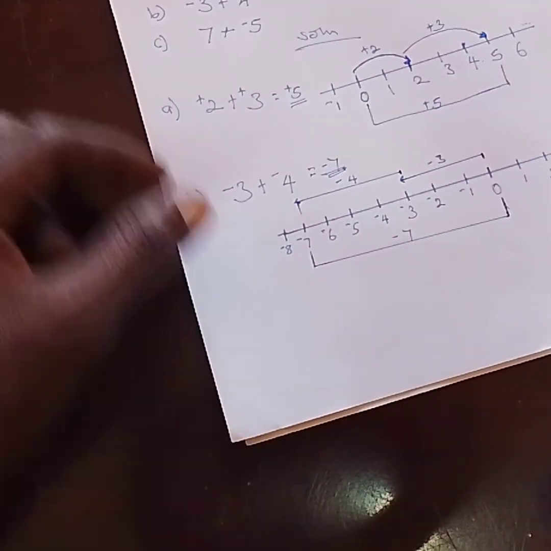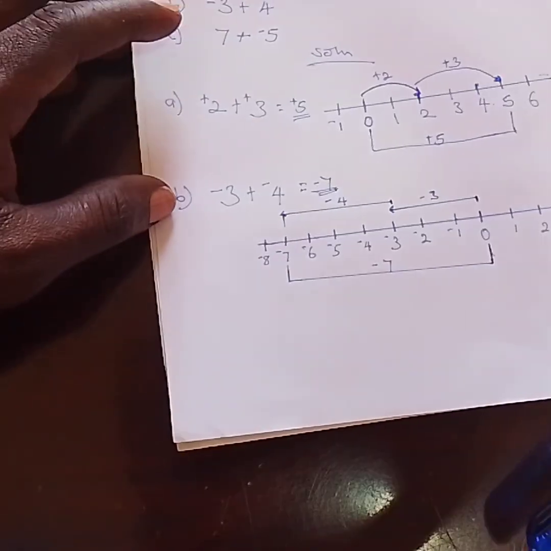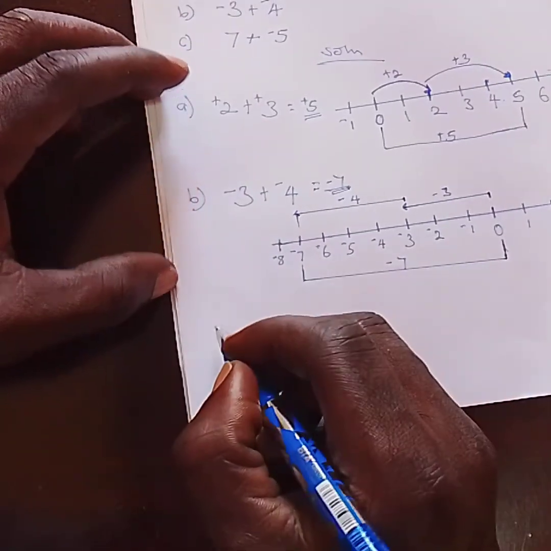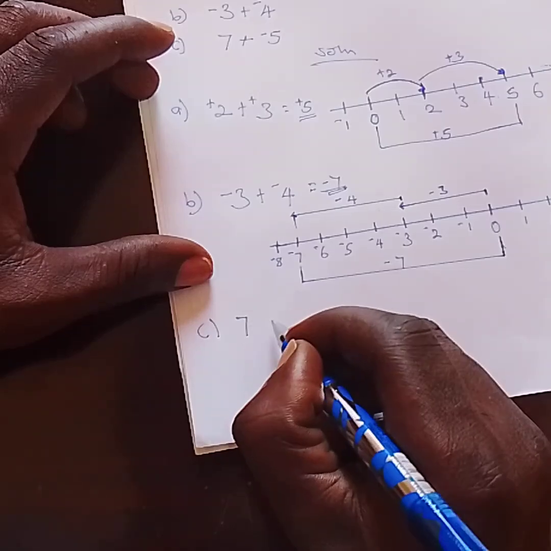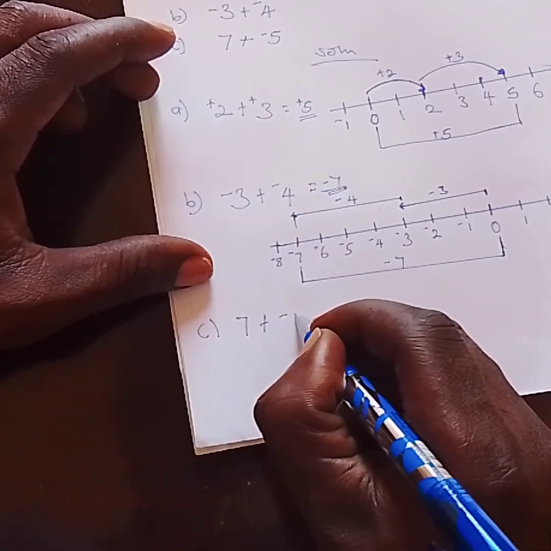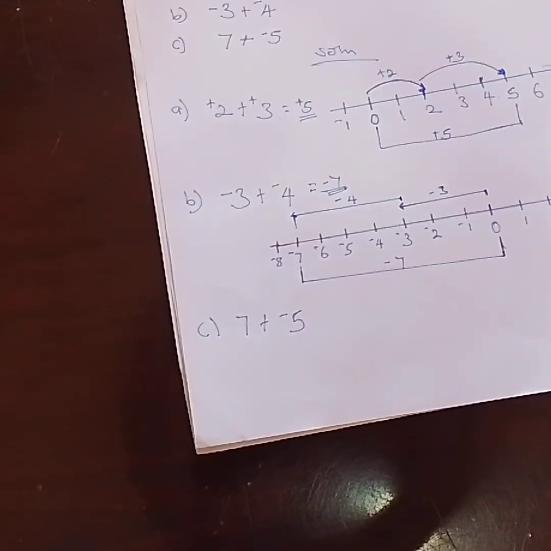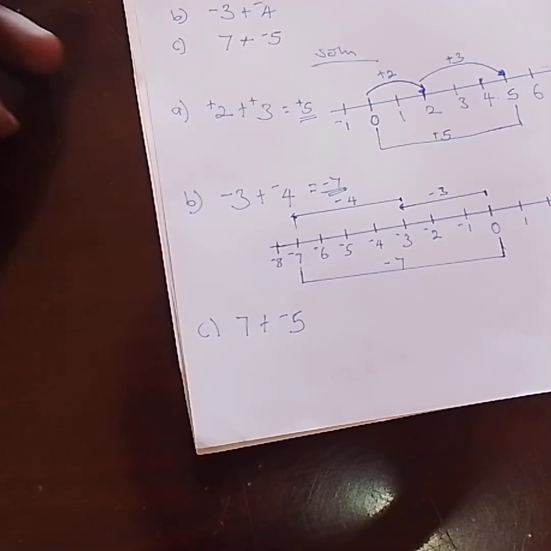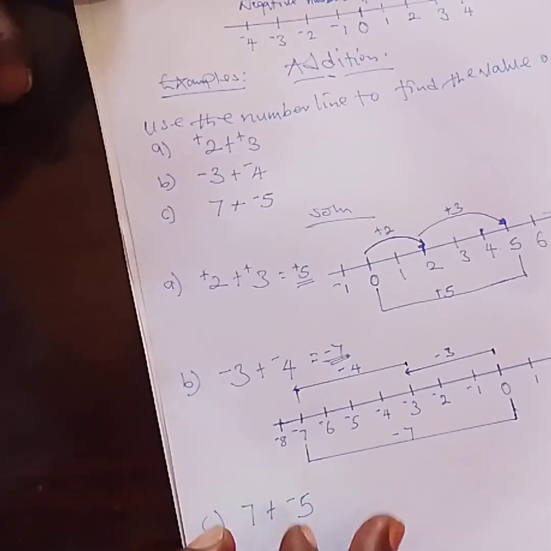Then we come lastly to the C part. We are told to get positive 7 plus negative 5. So positive 7 plus negative 5, what are we going to get? Still, by the use of the number line, we shall get the final answer.